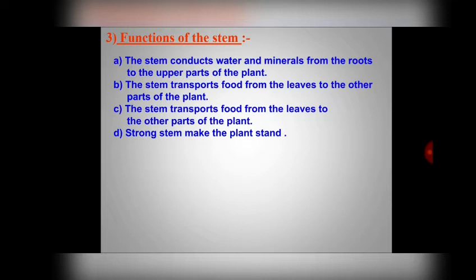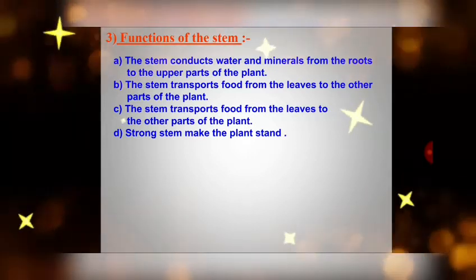That means the stem conducts water and minerals from the root to the upper part of the plant. And in leaves, food is prepared, and that prepared food is distributed to all parts of the plant through the stem only. So the stem is a two-way channel. It works in two ways.